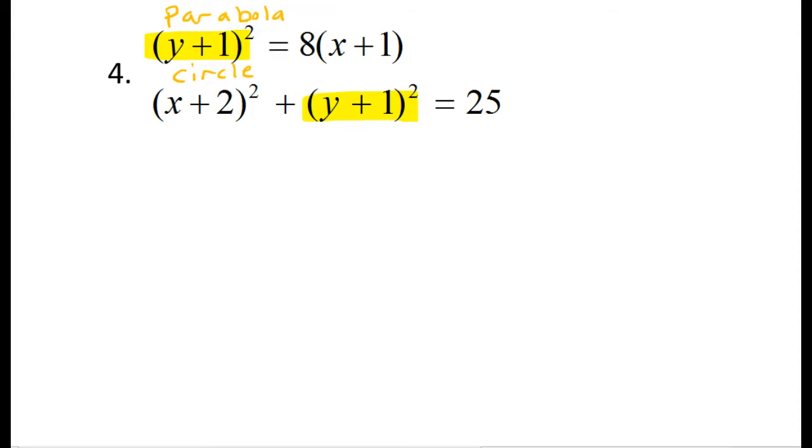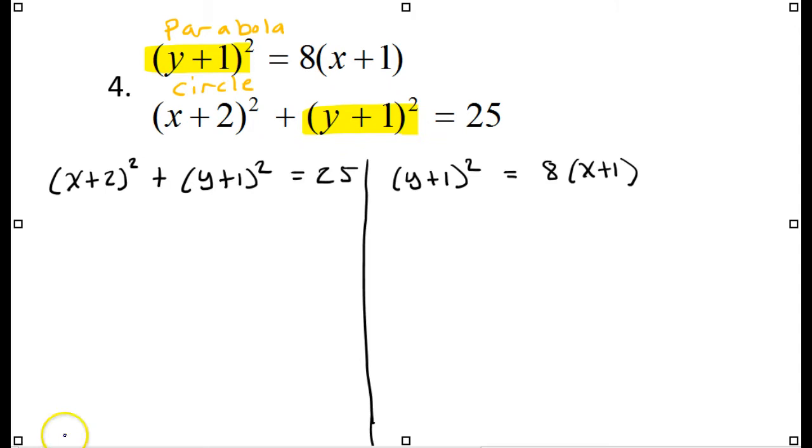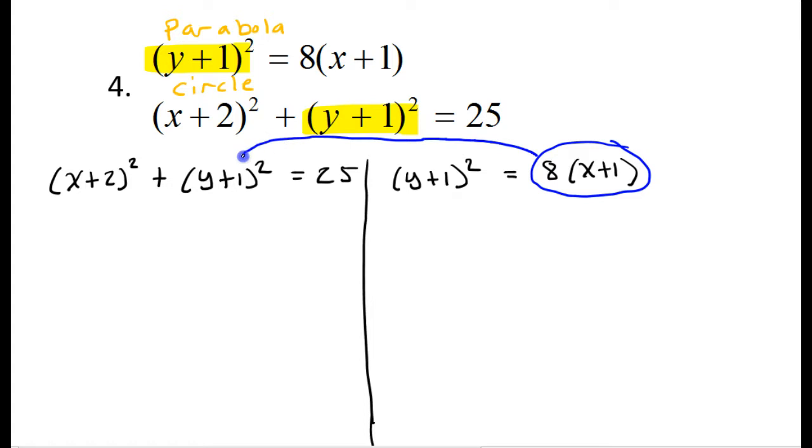First, I'm just going to recopy these equations side by side. All I've done was rewrite the equations side by side. So since y plus 1 squared is equal to 8 times x plus 1, I should be able to take this expression, 8 times x plus 1, and substitute it into the first equation in place of y plus 1 squared, since y plus 1 squared equals this.